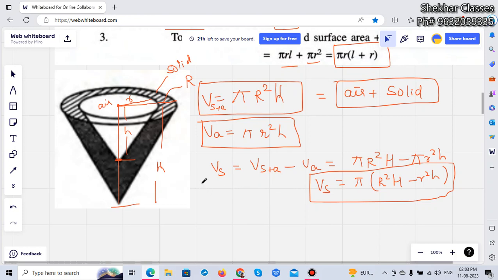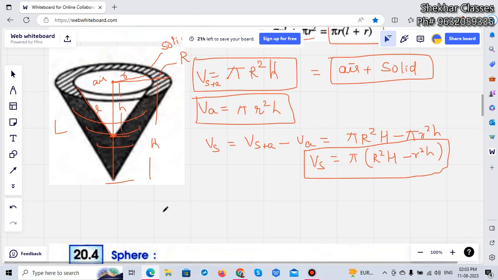Now if you have to find the curved surface area, that will be a big problem. Say you will have the curved surface area of the bigger side by using the formula. If this is the capital slant height L, and the small slant height is this one. Before we find the total surface area, we will find the curved surface area of the inner part.